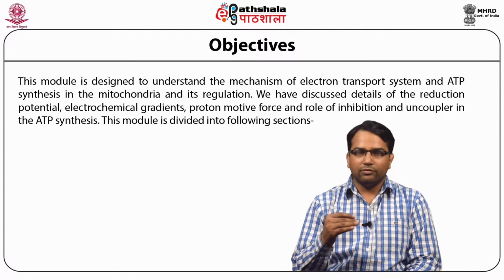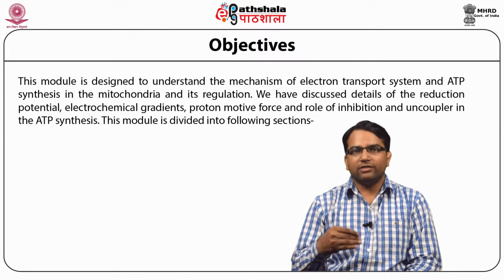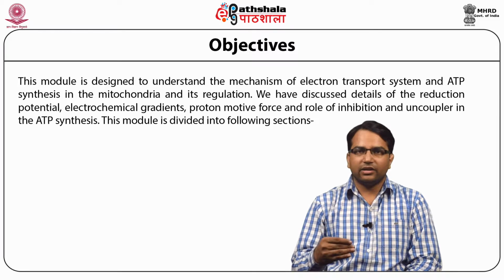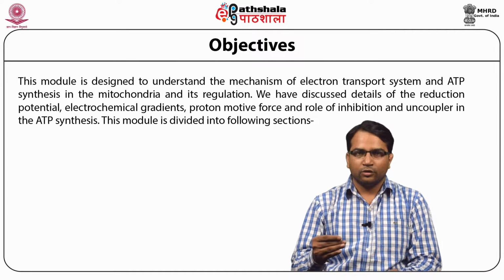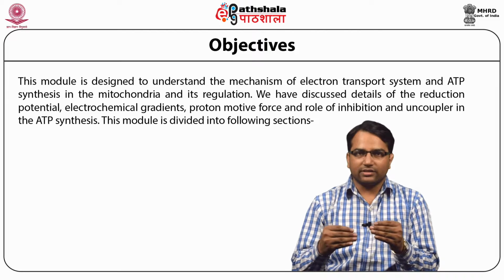So, we will discuss the details of reduction potential, electrochemical gradient, proton motive force and the role of different inhibitors and uncouplers in ATP synthesis. In view of this, the module is divided into the following sections.